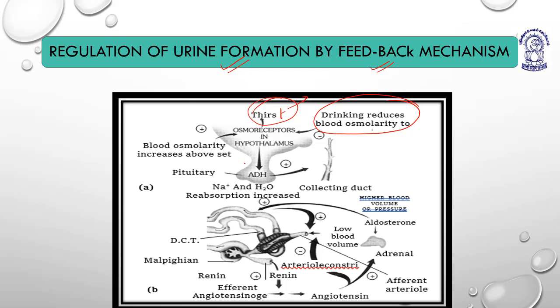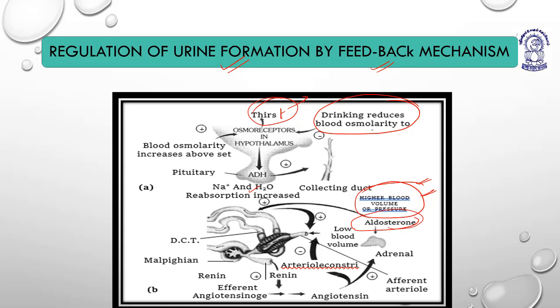This vessel pressure basically constricts the vessels. It maintains the volume of the urine. It helps in the reabsorption of water along with the reabsorption of sodium ions. Higher blood volume or pressure further activates the aldosterone.